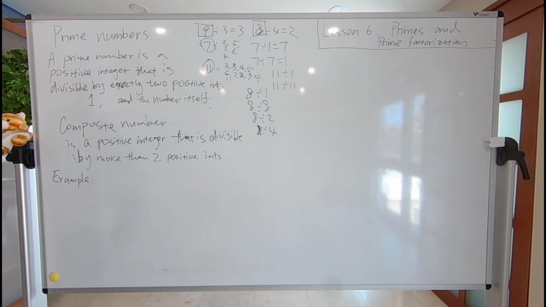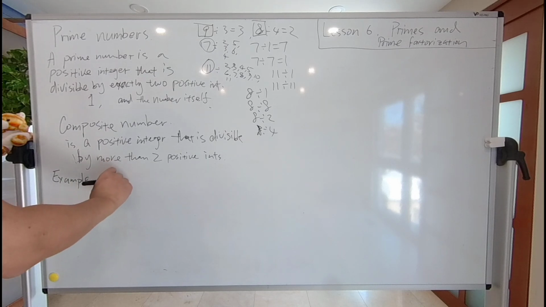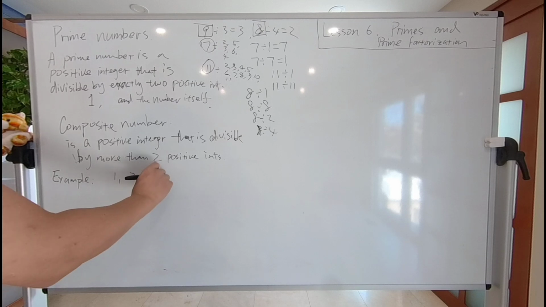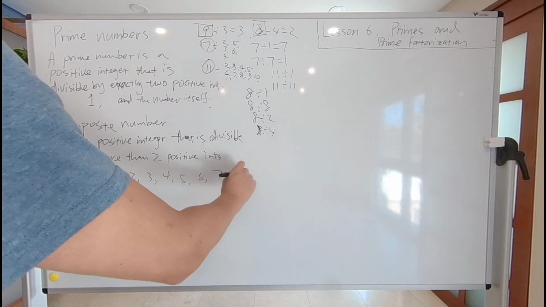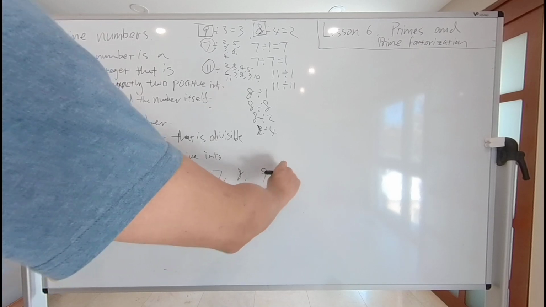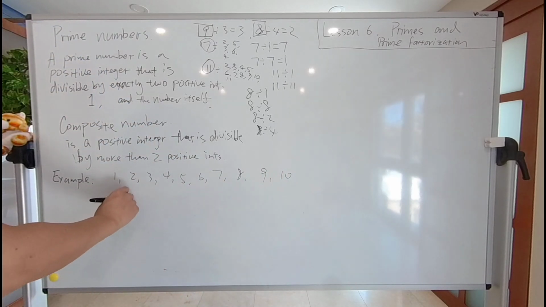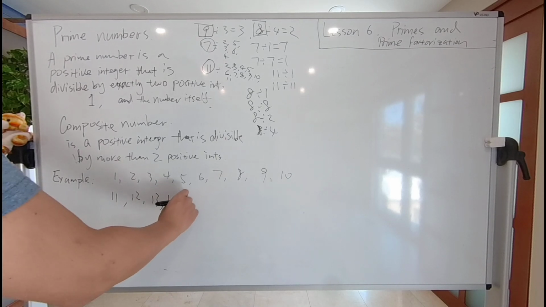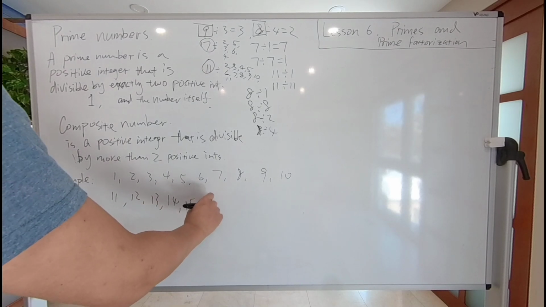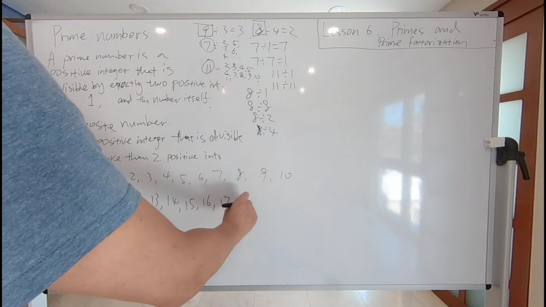Now let's list all the numbers within 20 to see how many of them are primes and how many are not. Later on, you'll have a reference table where you can easily find such information online, where people list all the prime numbers up to a very large number.